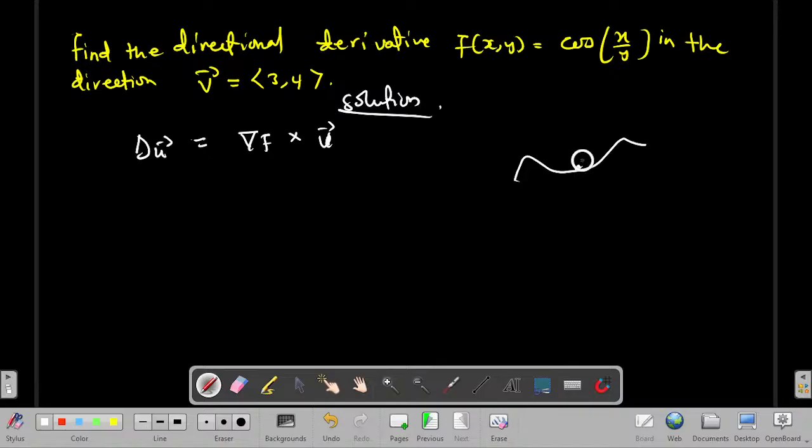Think of a mountain. You are standing somewhere and want to connect a rope to something. There are so many possibilities for how you can get to this spot, but the question is, which is the shortest?